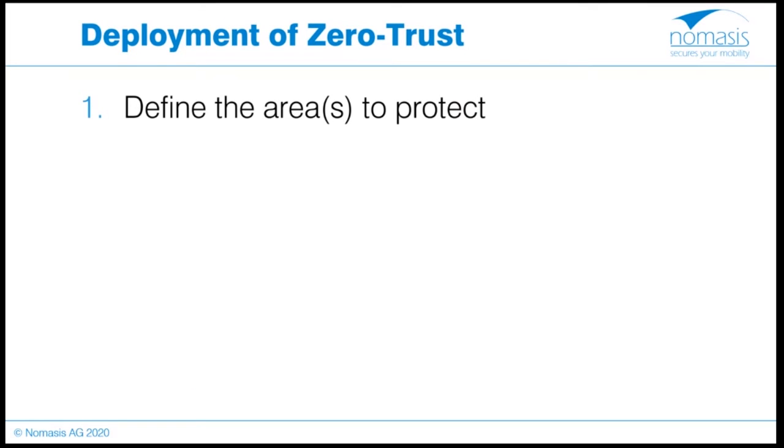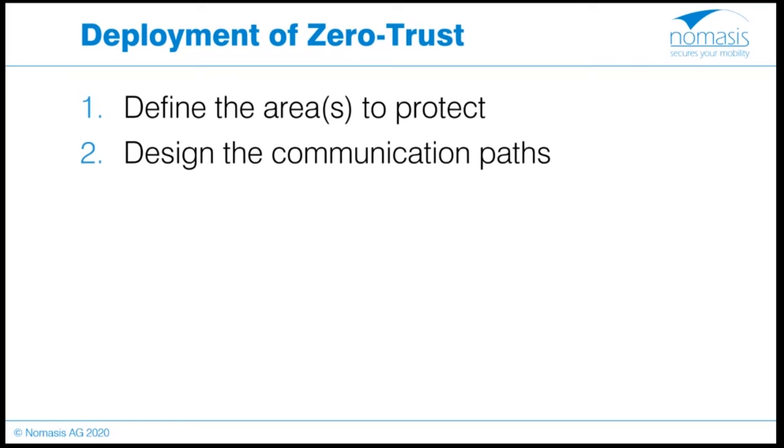Then once we go to the deployment, of course, we have to define the areas to protect. Again, we have a data classification. We store the data based on our data classification in maybe more secure places or internal places or places which are accessible from external. Then we design the communication paths now in the real world.